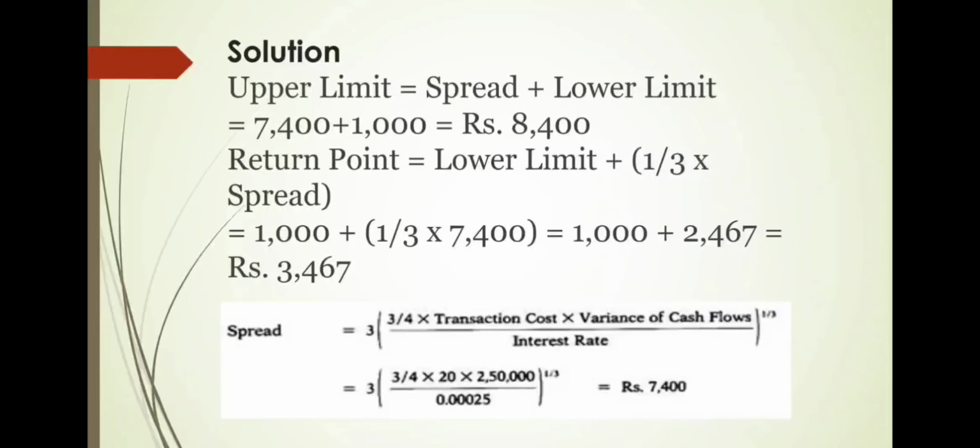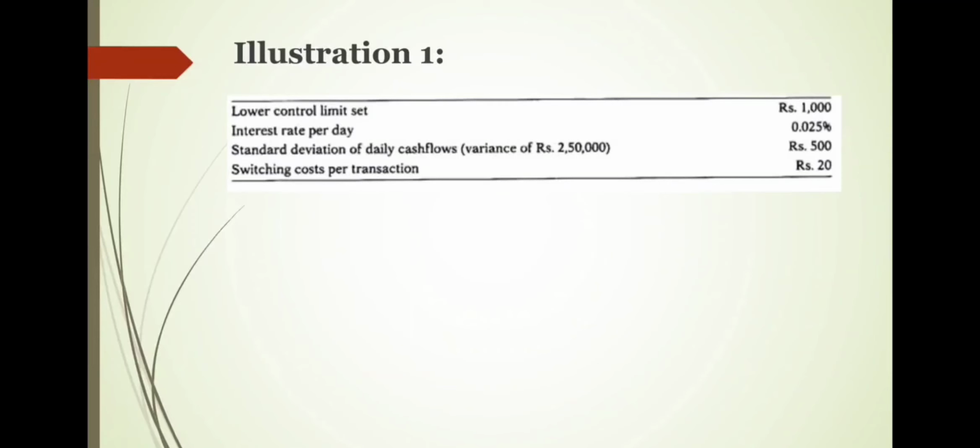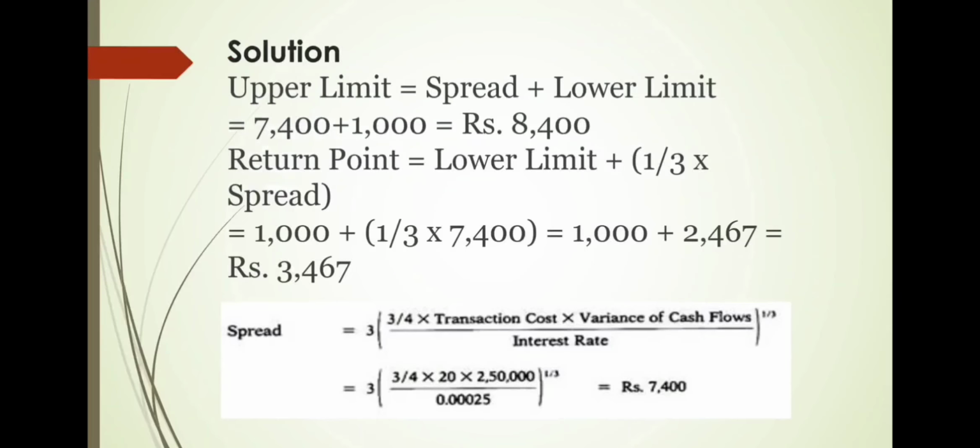By taking the upper limit and the spread in the lower limit, we are supposed to calculate this. So that is 3/4 into 20 into 2,50,000 divided by the percentage, 0.025.